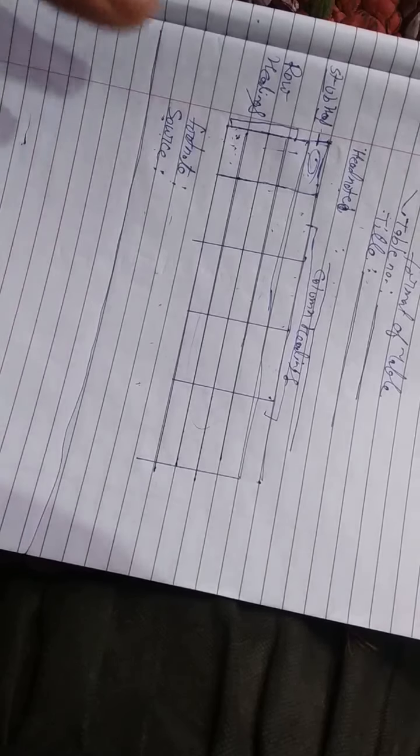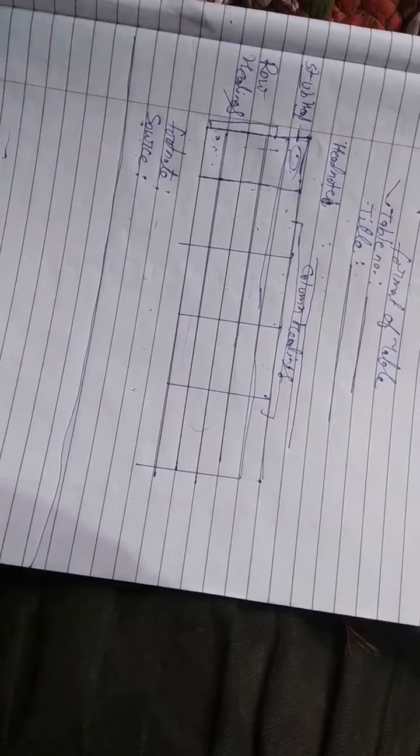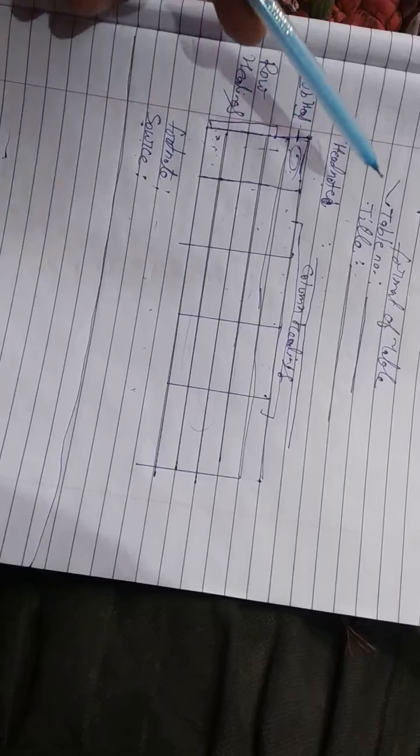Whenever we prepare a table, it is to be made in this format. Everything which we have studied here should be mentioned in the table. If all these are not mentioned in a proper way, then the table will not be considered a reliable source of data, because something or other is missing from there.